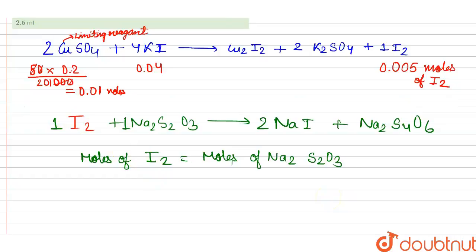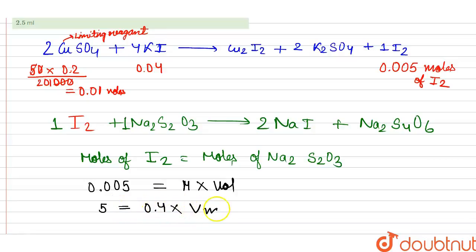So as we know, moles of iodine liberated is 0.005, which should be equal to the moles of Na2S2O3. Now we know that moles is molarity into volume, and if we multiply by 1000 on both sides, we get 5 millimoles should be equal to molarity, that is 0.4, into volume in ml.